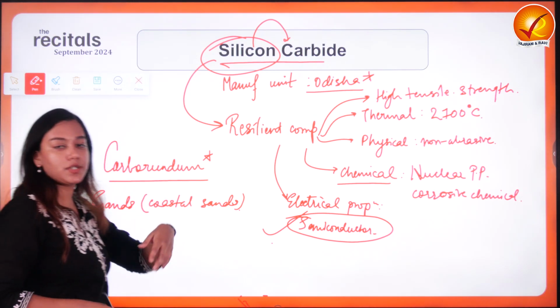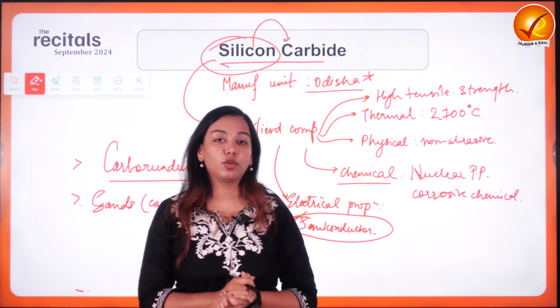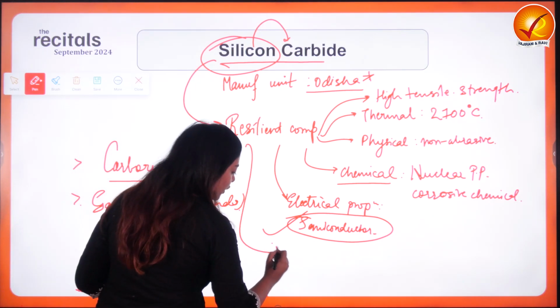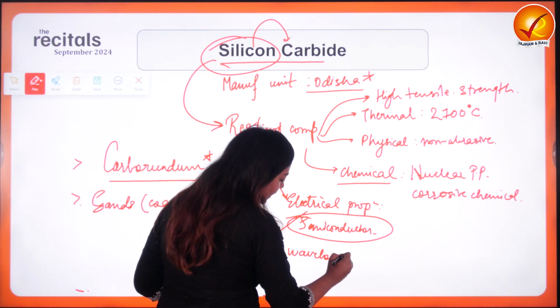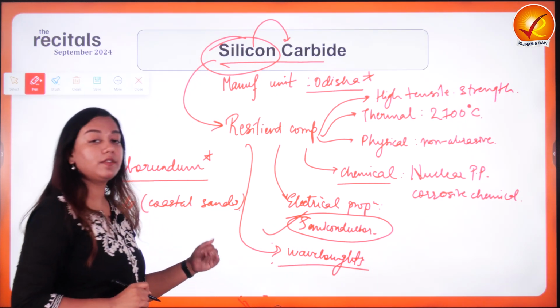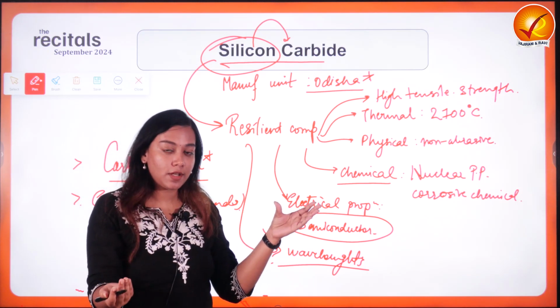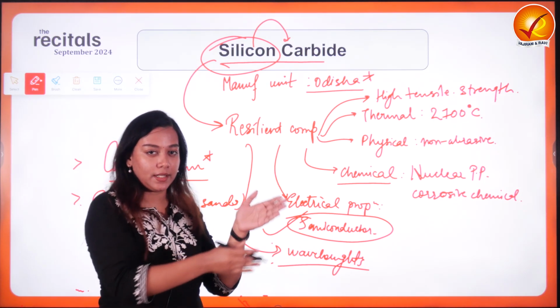One more unique feature is that it might be a very transparent material also. Why? Because it is transparent to wavelengths, which means this material allows wavelengths of any kind, especially infrared and UV radiations, to pass directly through without obstruction.